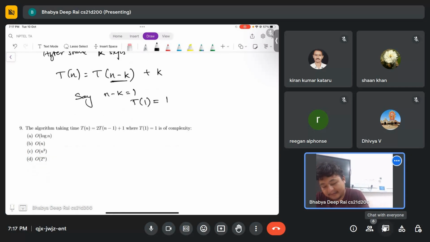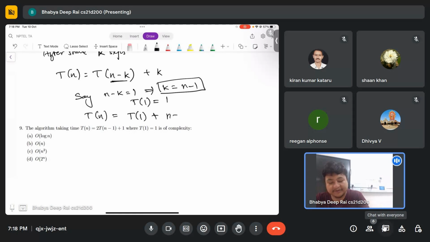Then what do you have? T of n equals T of 1 plus k. Now what is k according to this? K is n minus 1.